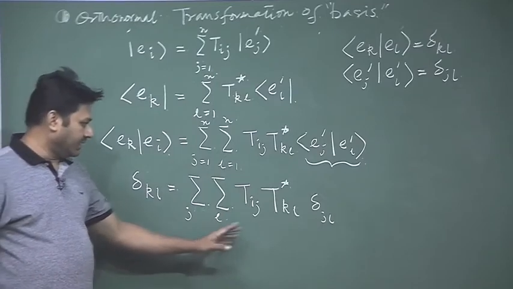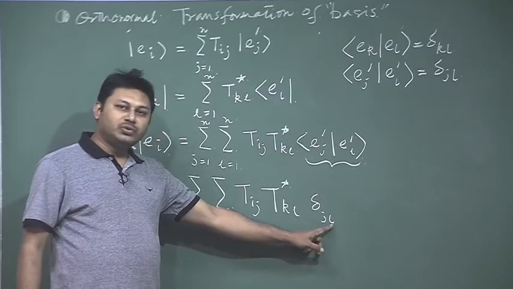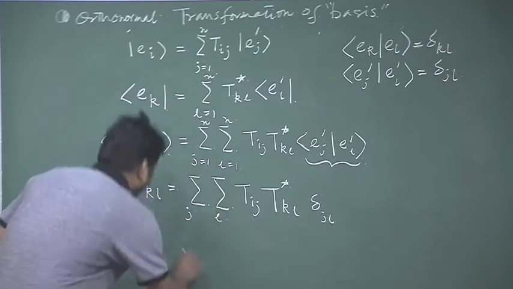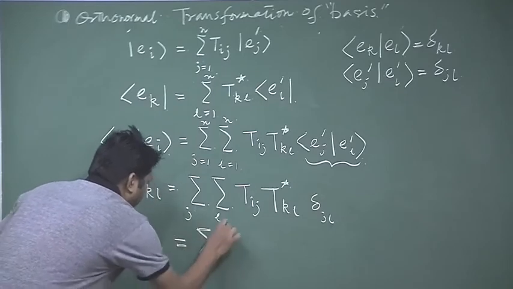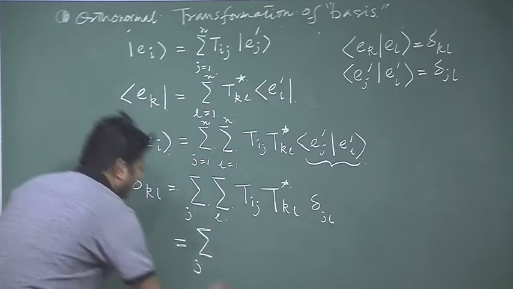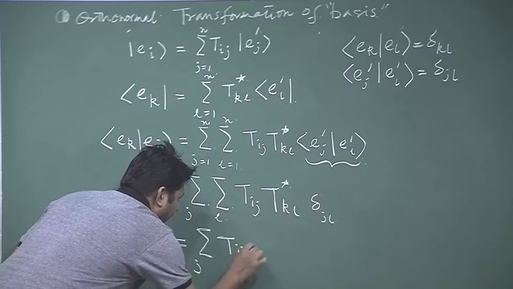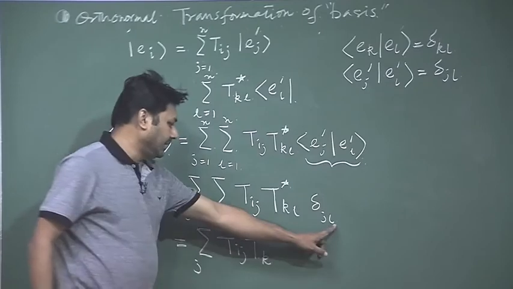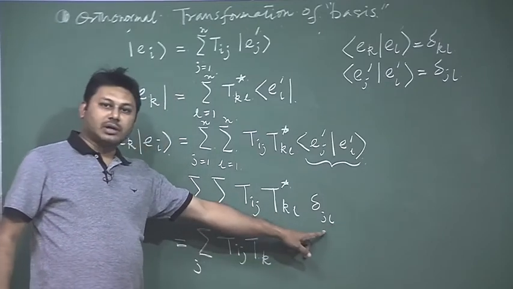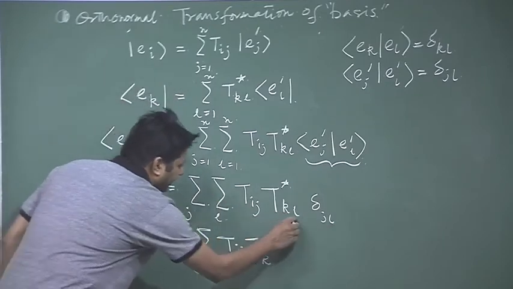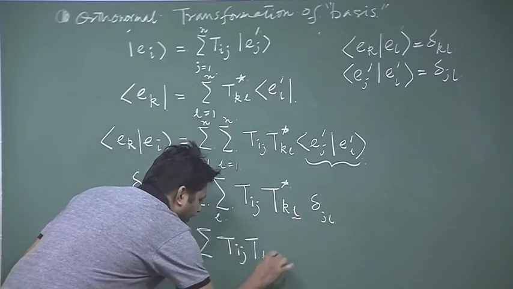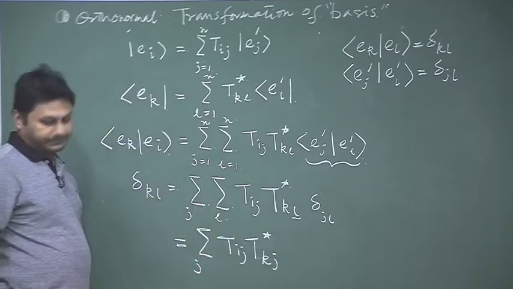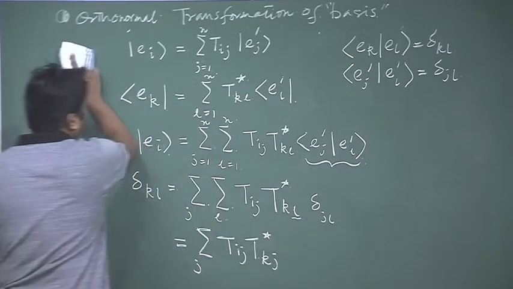So when l is equal to j, only this quantity will be 1, otherwise it will be 0. So I can remove the summation and write something like T ij T kl, with l equal to j, only this term will survive. So I replace this l with j with a star. So I will have this. Let me write this equation here at the top.